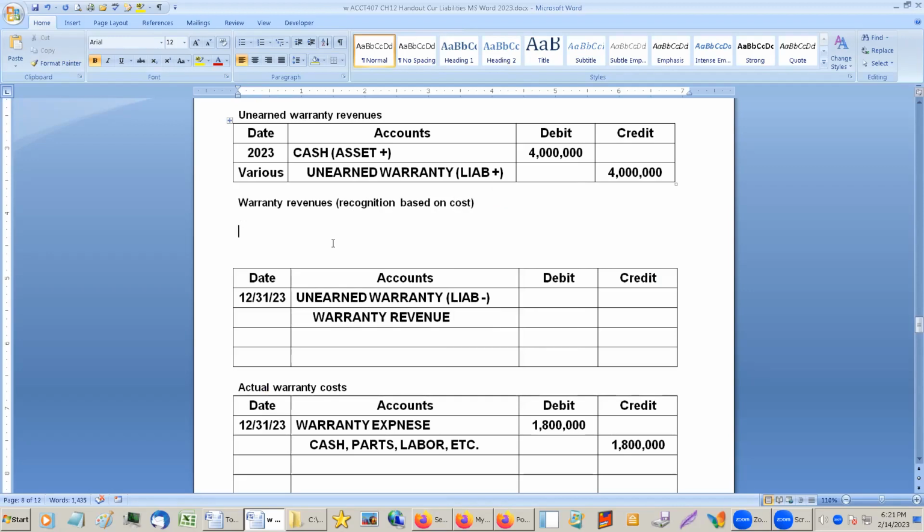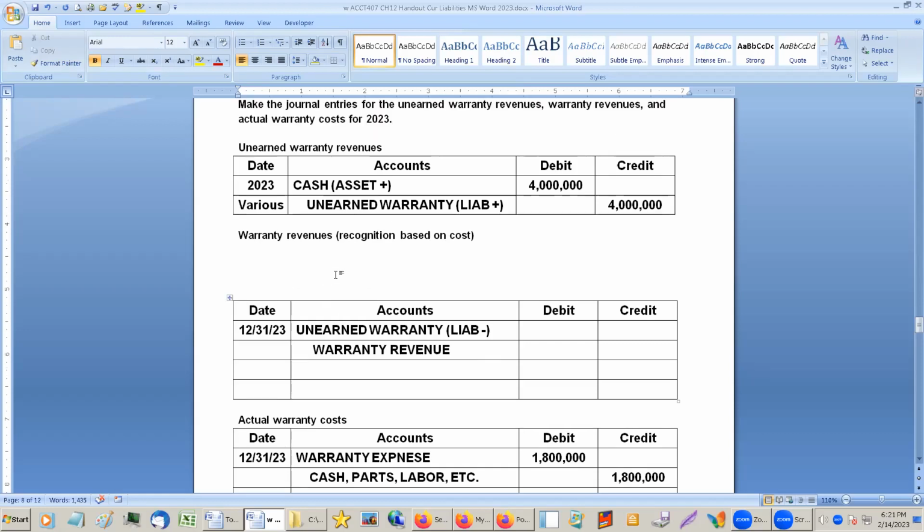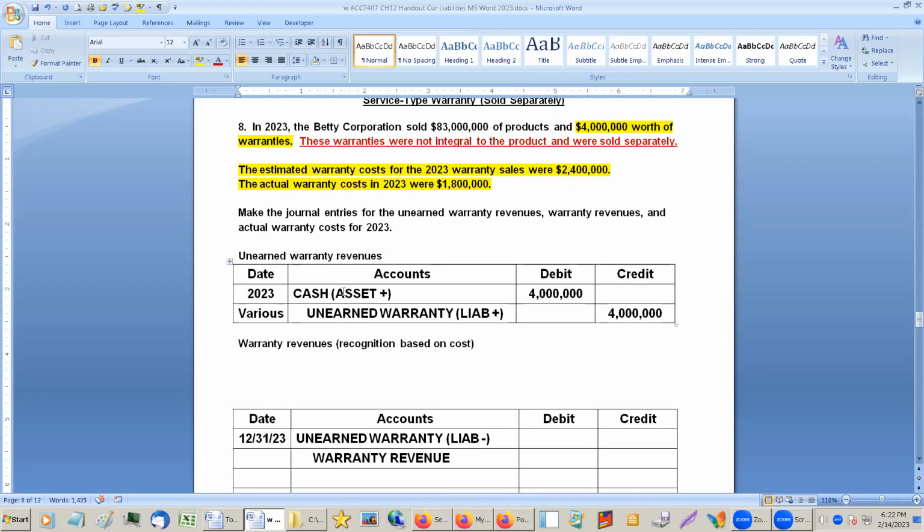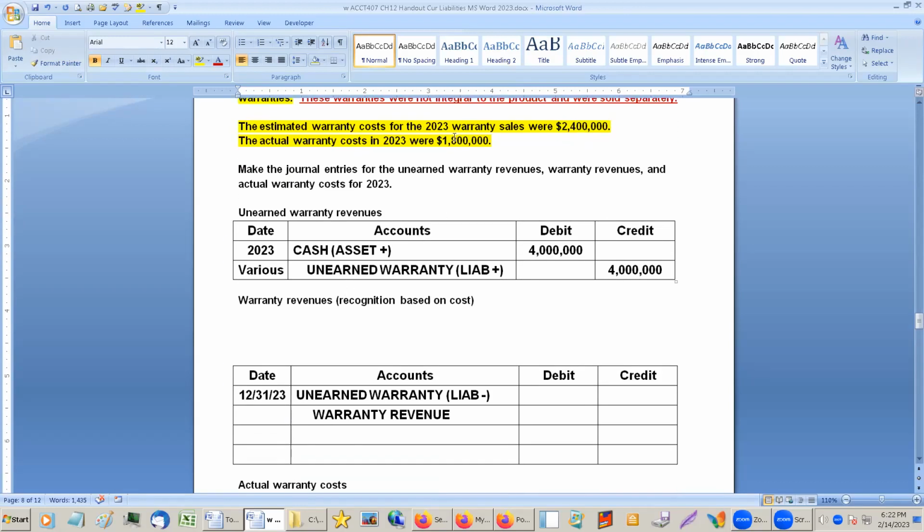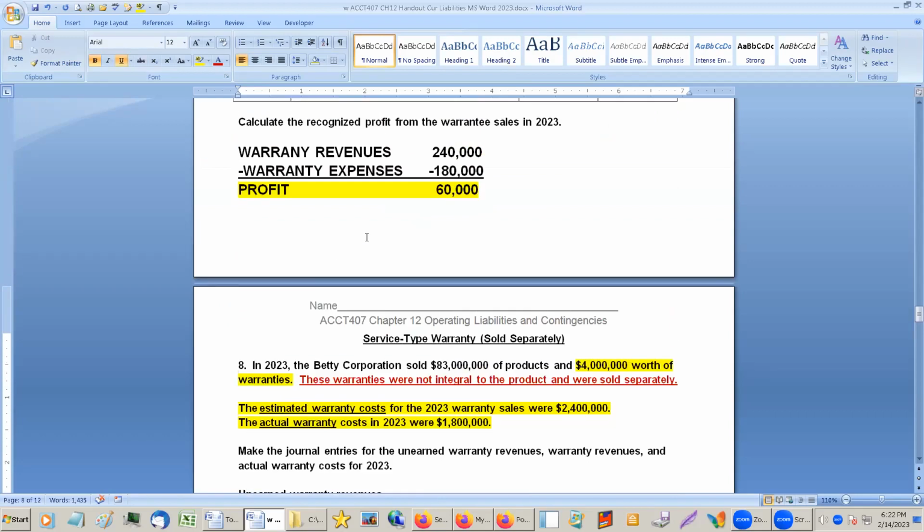We'll sit in awkward silence until somebody gets this. $3 million? Yeah. That is right. Yeah, you're gonna find a percentage of it.